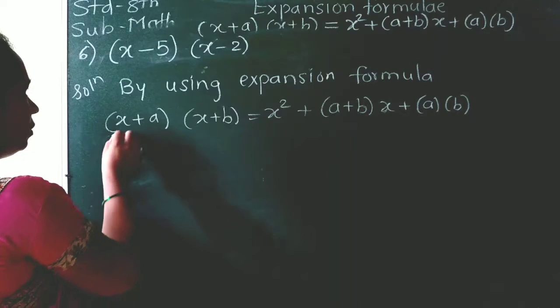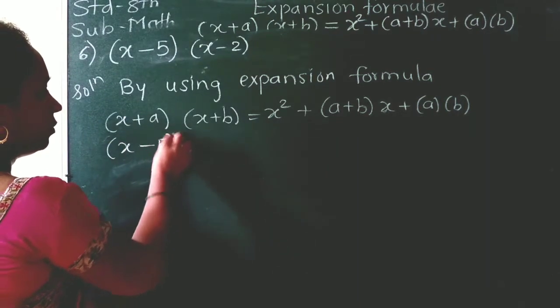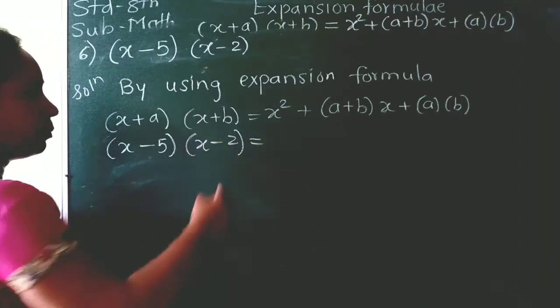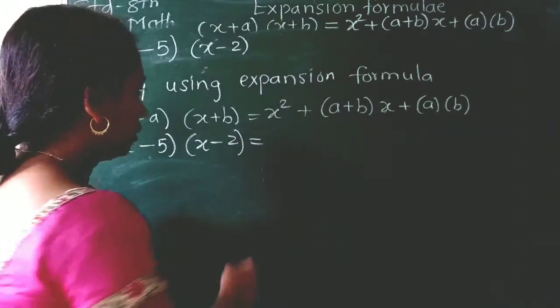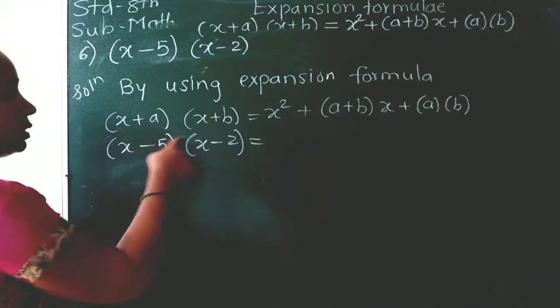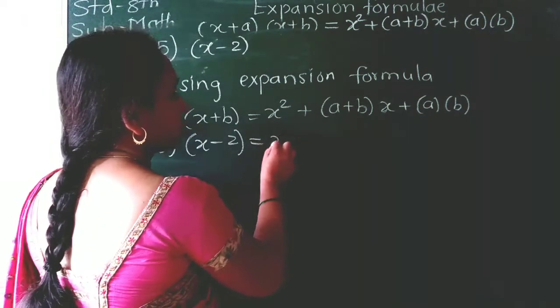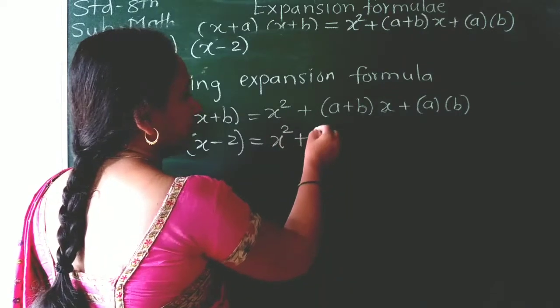Here this example, x minus 5 into x minus 2. In this case, both the a's and b's values are negative. So compare: common term is x, a is minus 5, b is minus 2. X square, common term square, plus a and b's value.